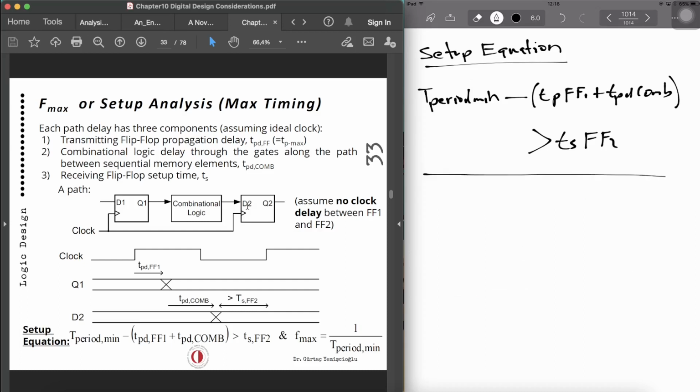So this is one of the formulas which will be used or modified in order to derive whether we are violating the setup time or not. Because if this period is less than the setup time, then we might violate it. It might arrive earlier, it may arrive lately, and this will cause a problem. So setup analysis or F max is given over here.